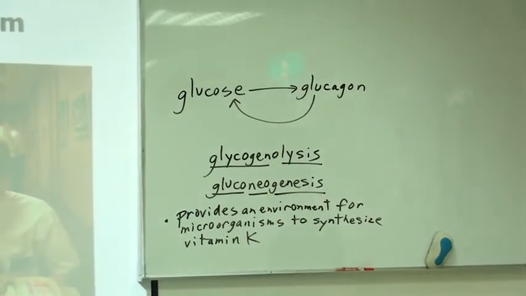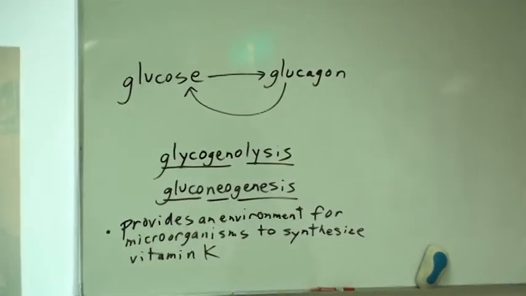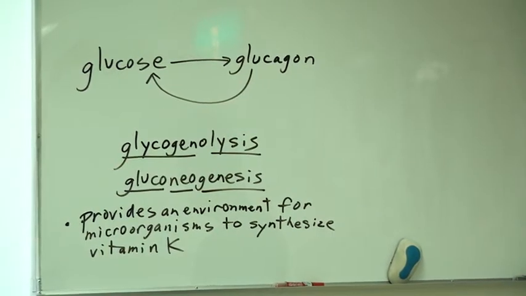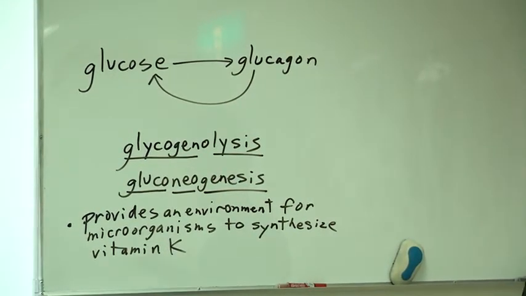The bacteria in the colon synthesize your vitamin K. What's the function of your vitamin K? You need vitamin K so that you will not have bleeding problems. You need this for your blood clotting.